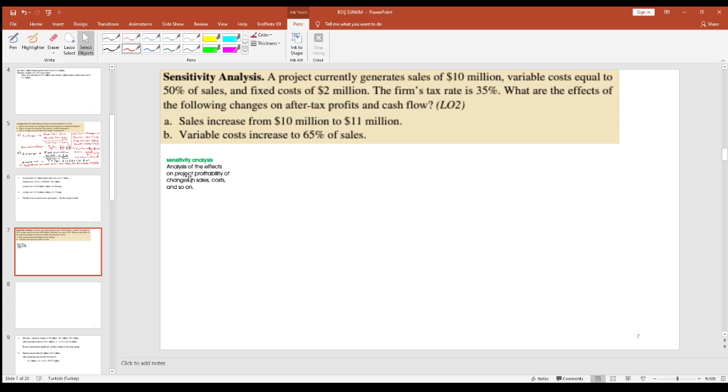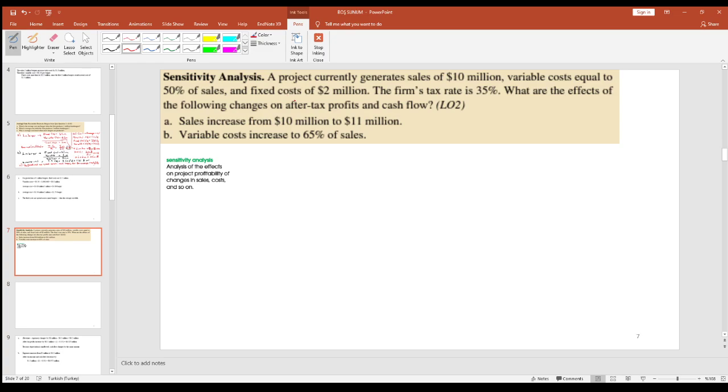Analysis of the effects on project profitability of changes in sales, cost, and so on. So the most important feature of sensitivity analysis is that you change the value of one variable at a time, and see the effect, the impact of these changes on profitability.